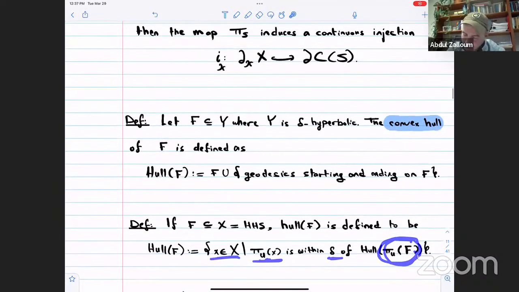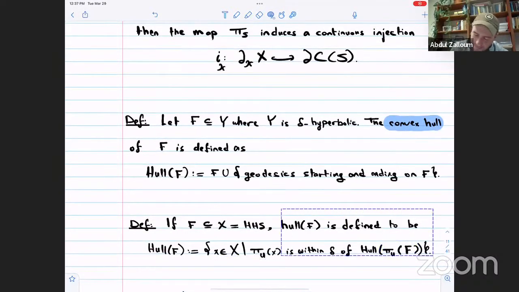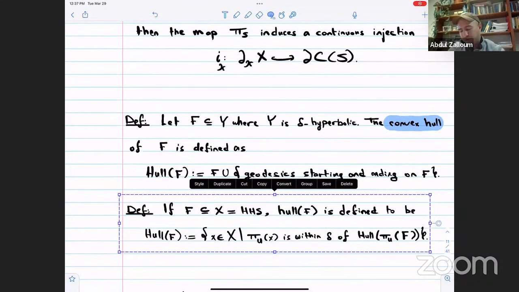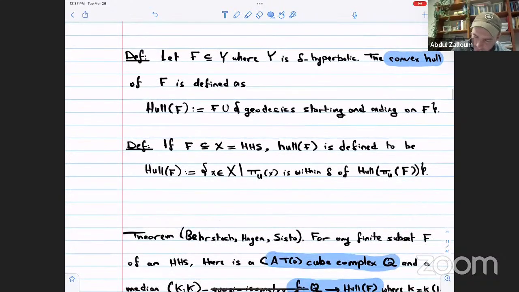Maybe a picture would be helpful here. There is a much simpler description for this, by the way, via medians due to Brian Bowditch, which I like a little bit more, but this description is more consistent with my talk, so I'm going to go with it.